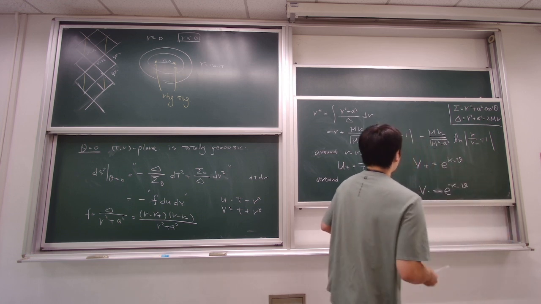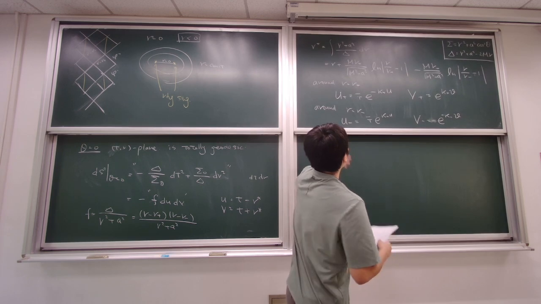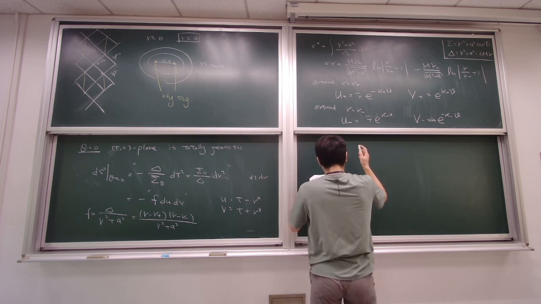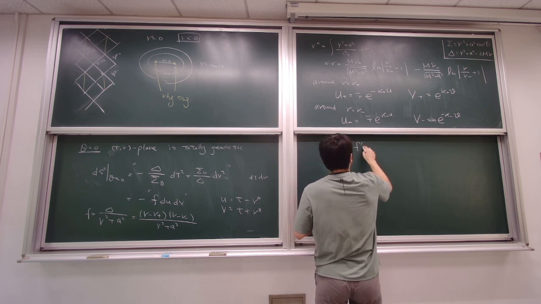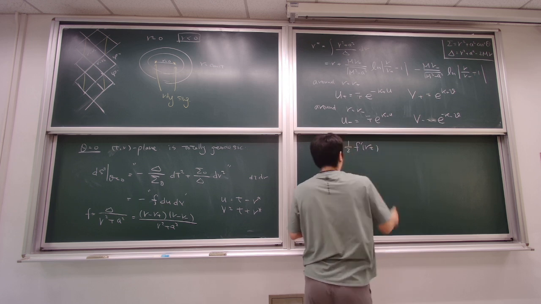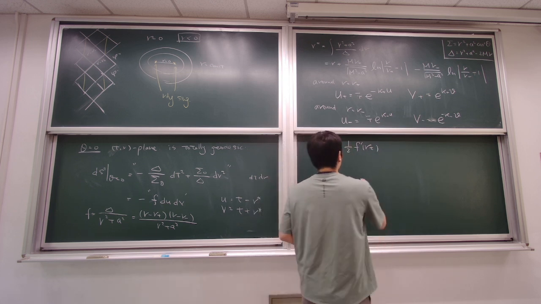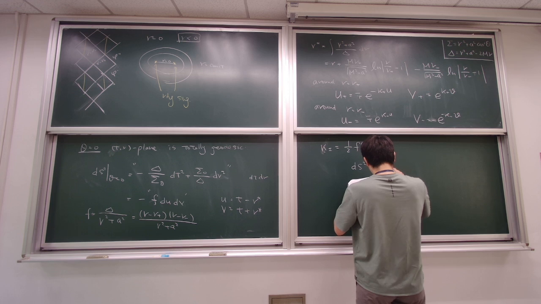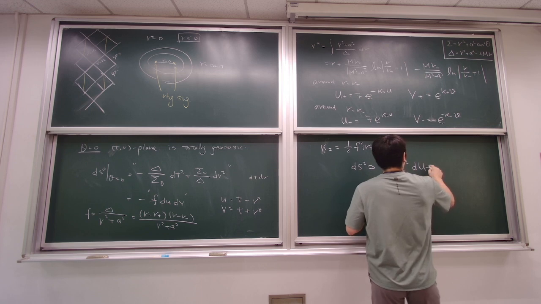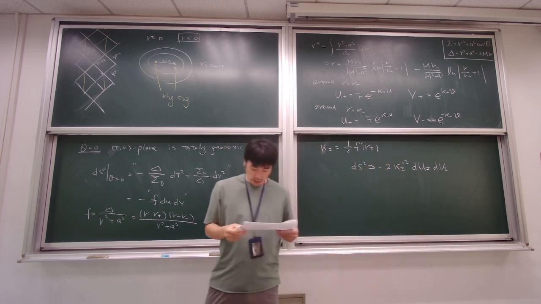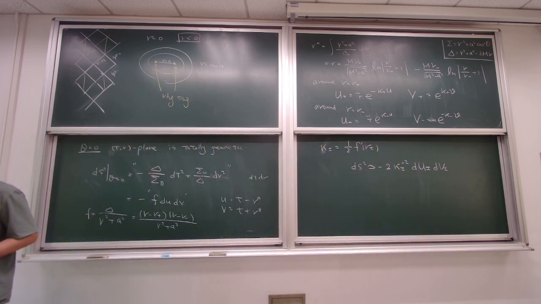Here kappa plus minus is just the derivative of f at the corresponding point, r plus minus. Then around that point, the metric is something like 2 times kappa plus minus, minus 2 dU plus minus dV plus minus, like this. So you can write down the coordinate transformation and so on.